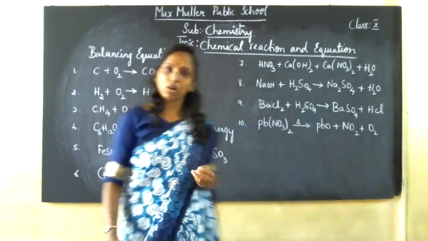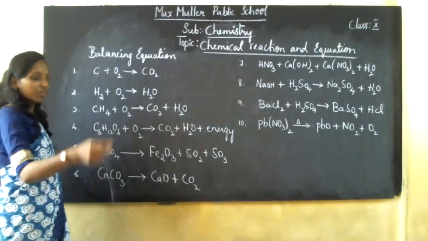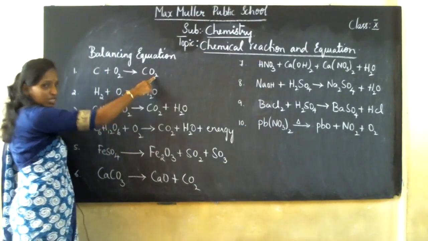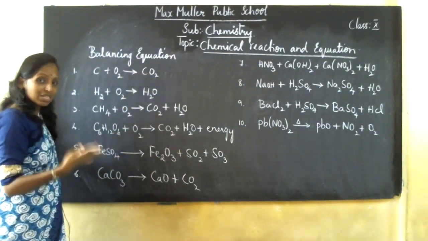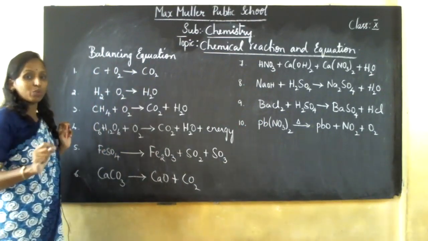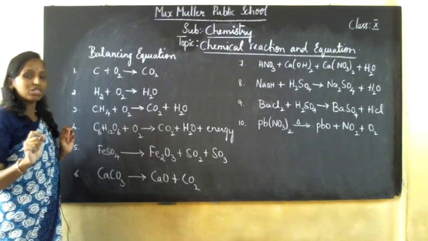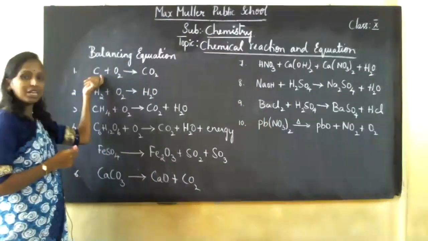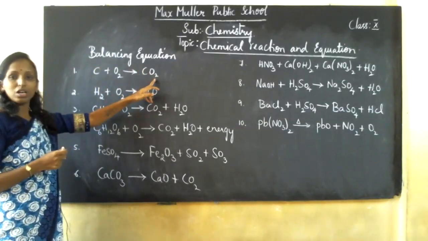Okay. So now, the first question: when carbon reacts with oxygen to give carbon dioxide, that is the reaction. What is represented on the board is your equation. Now check whether this equation is balanced. How will you check? Whatever we have taken in the reactant should be equal in the product too.